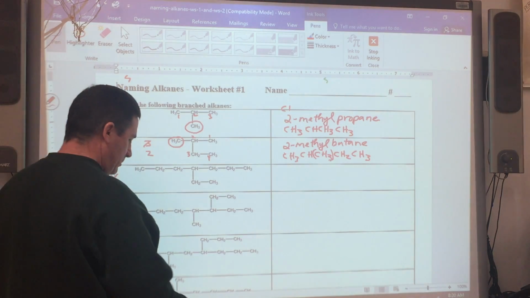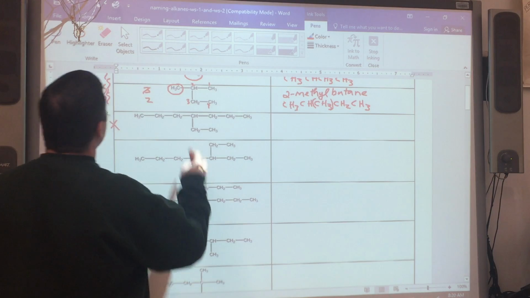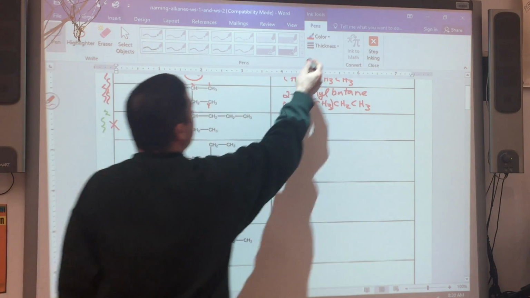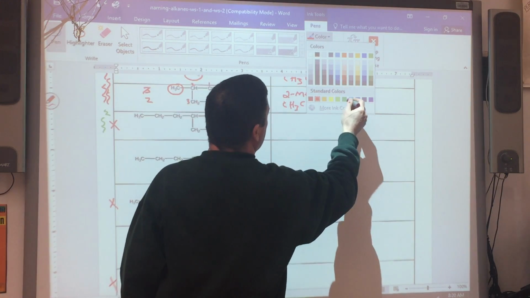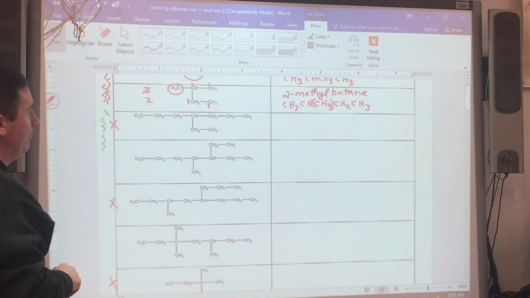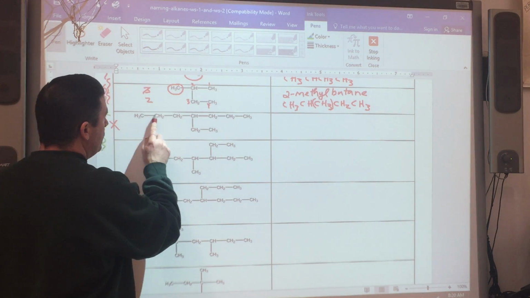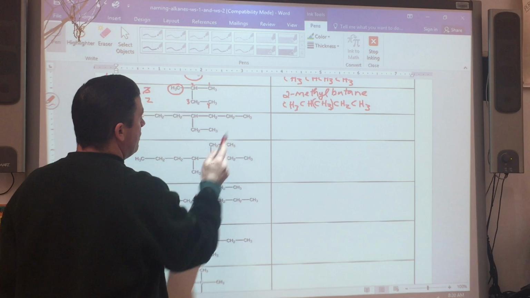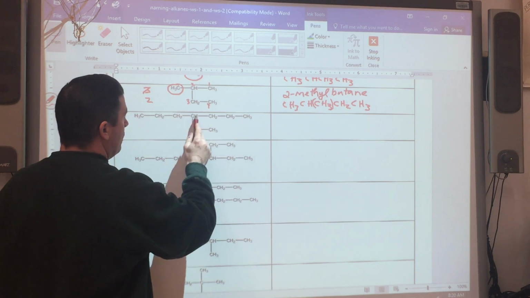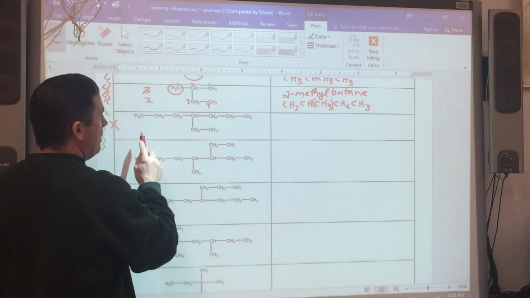So let's get to this one. Let's get to that one. Let's change color. All right. So, hopefully you got this. 1, 2, 3, 4, 5, 6, 7. 1, 2, 3, 4, 5, 6. So, 7 seems to be my long chain.